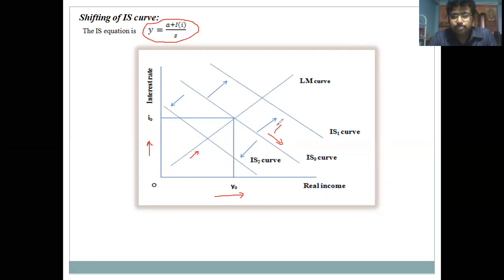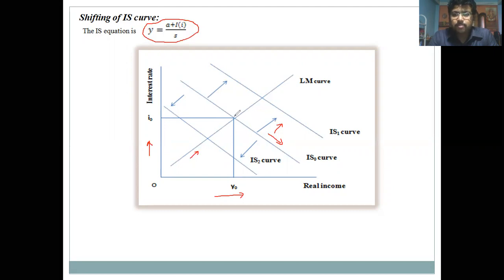I have told that the equilibrium output is determined by the intersection of the IS curve and LM curve, as far as the Keynesian thought is concerned.